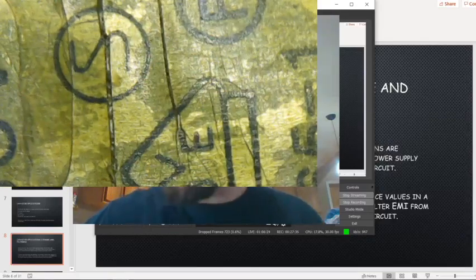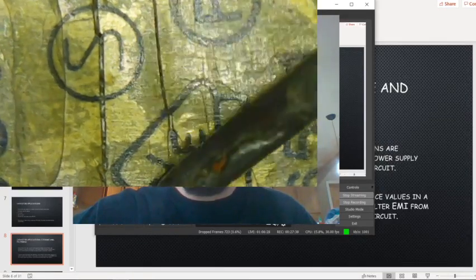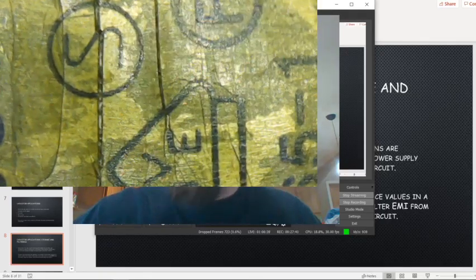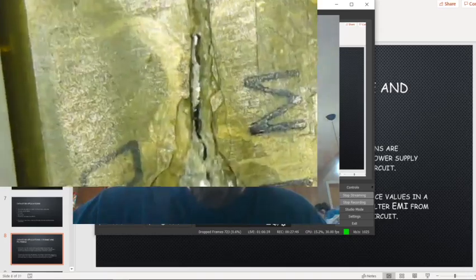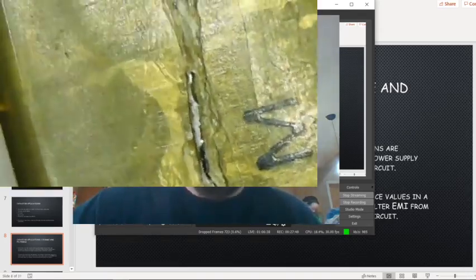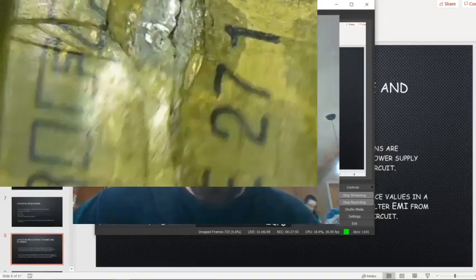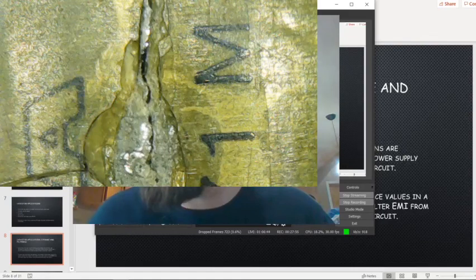But you see this big crack right here. Right there. This can allow moisture to get into it. Oh, that's bad. This can allow moisture to get inside of it, and depending on what kind of moisture is in it, generally speaking, it's not so good.